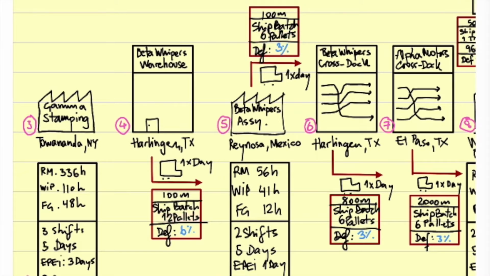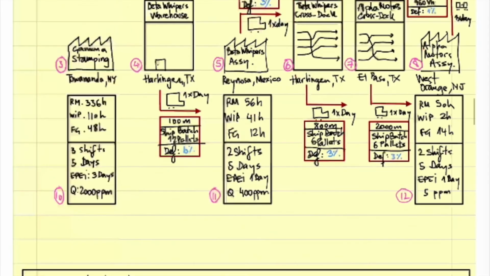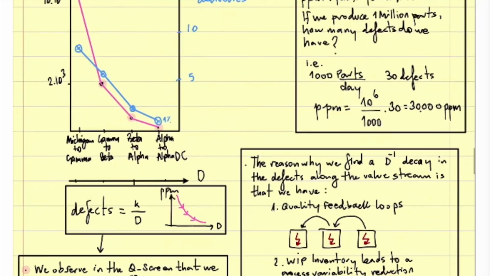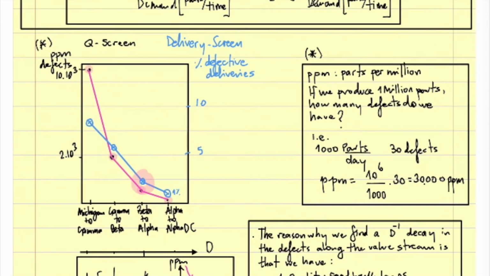This is what we see in this curve here. We double the shipping batch, so we are doubling the defective deliveries. Okay? Do you understand this? Does it make sense?